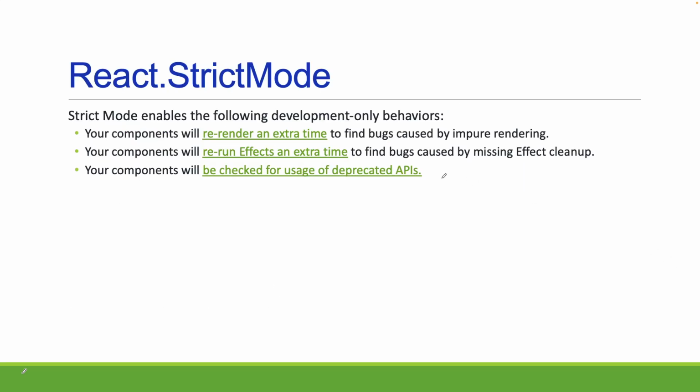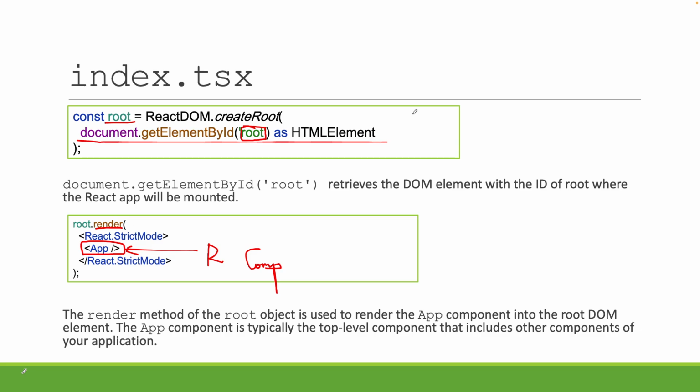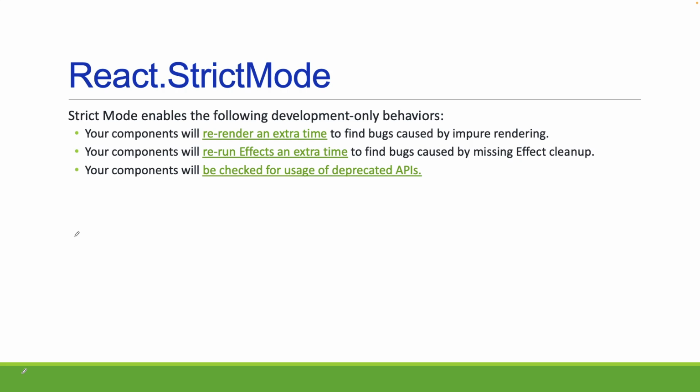Next one, strict mode. Strict mode enables development-only behavior for functional components, which is here, this one, React.StrictMode. First, if we turn on strict mode, every component is going to be re-rendered twice.